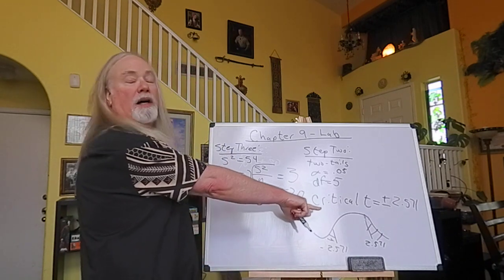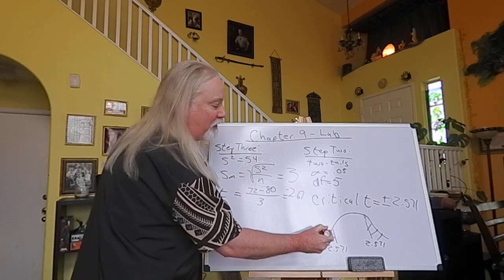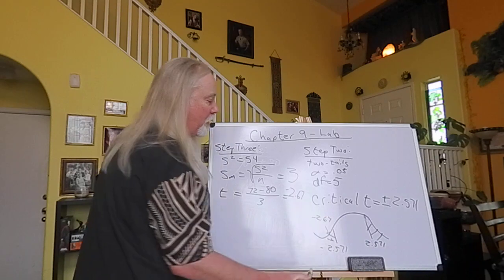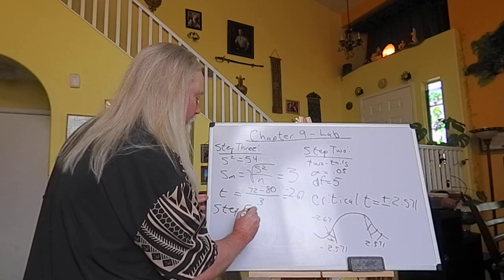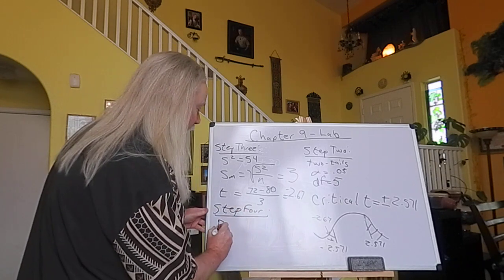Well, if we look at our roadmap over here, negative 2.67 is going to put us over here. So for step 4, our decision is reject the null hypothesis.